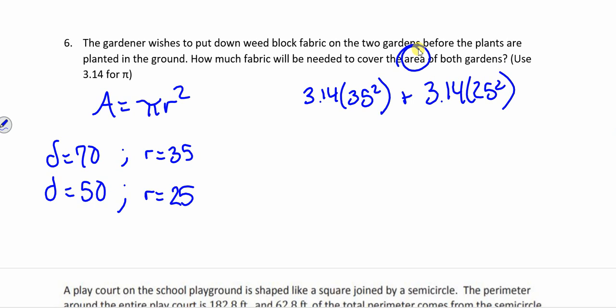All right, so this is a straight up multiplication problem. 3.14 times 35 times 35 and 3.14 times 25 times 25.